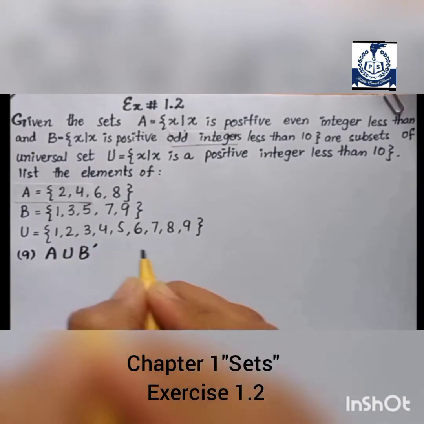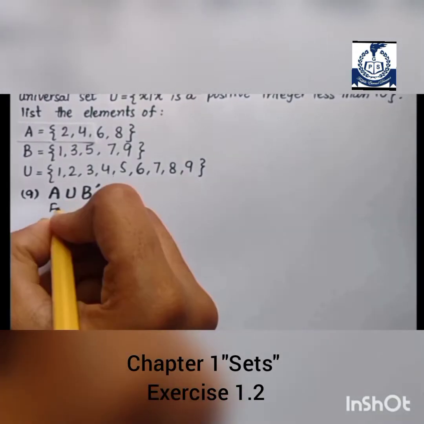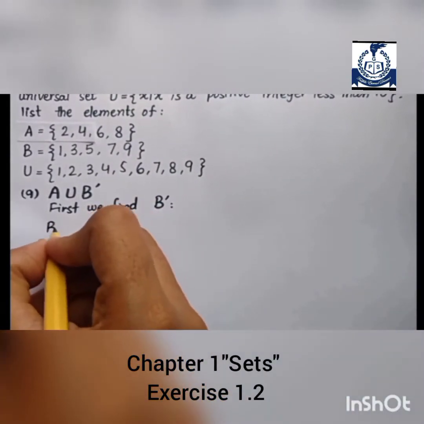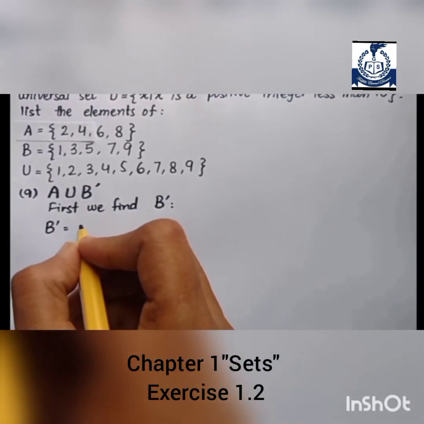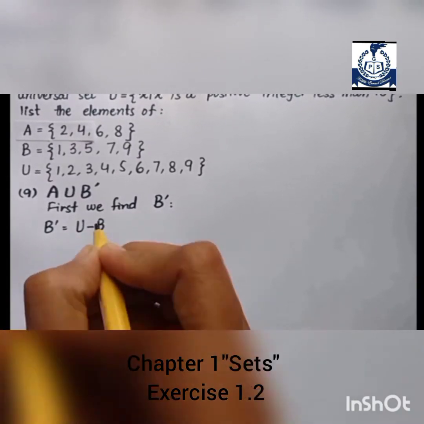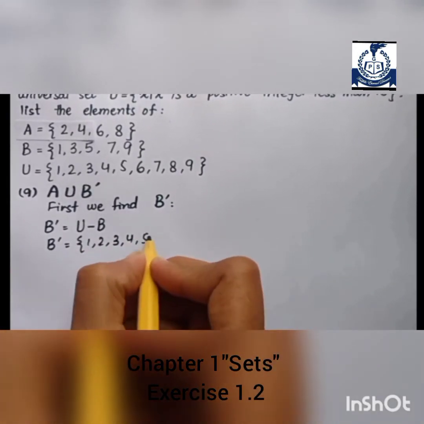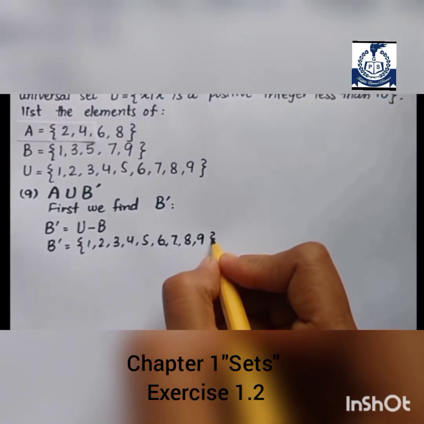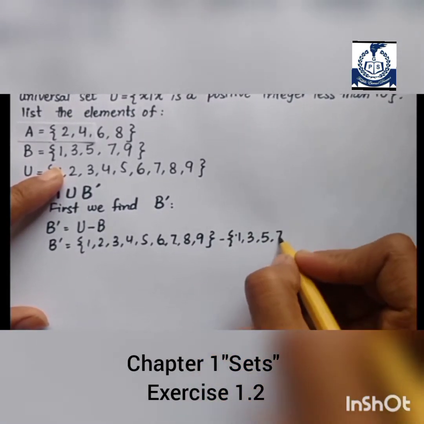So part A is A union B complement. First we find out the B complement. B complement is equal to universal set minus B. In a place of universal set, we write the elements of the universal set 1, 2, 3, 4, 5, 6, 7, 8, 9, minus, in a place of B, we write the elements of B 1, 3, 5, 7, 9.